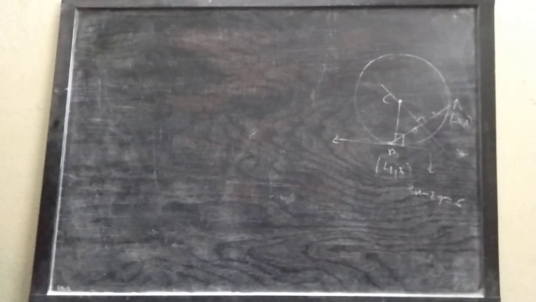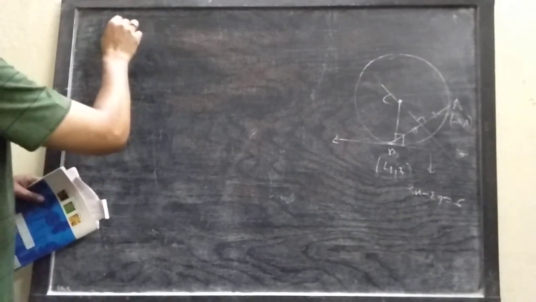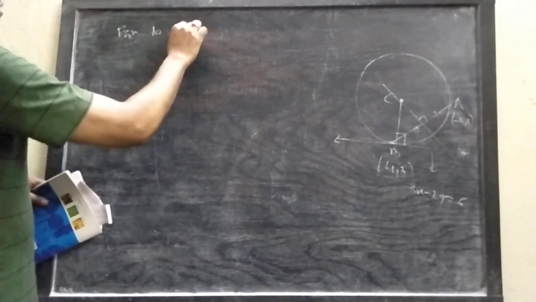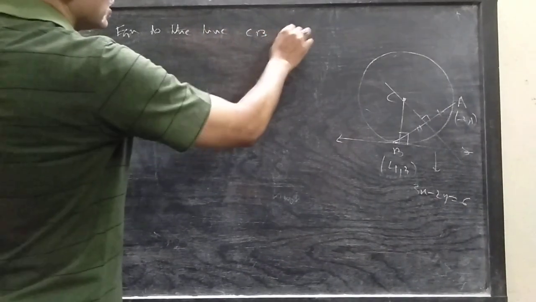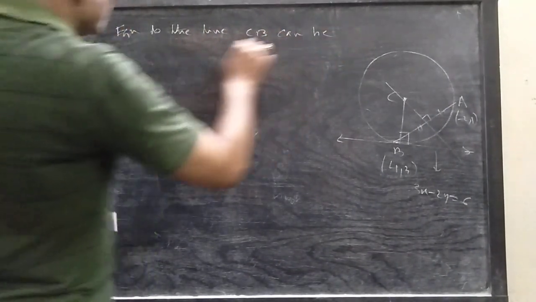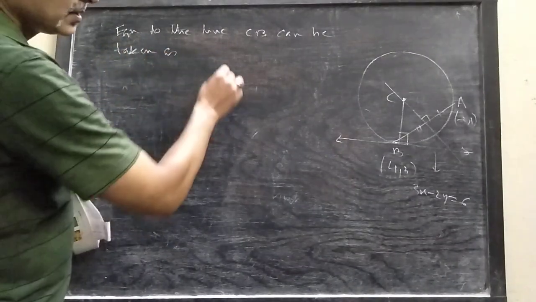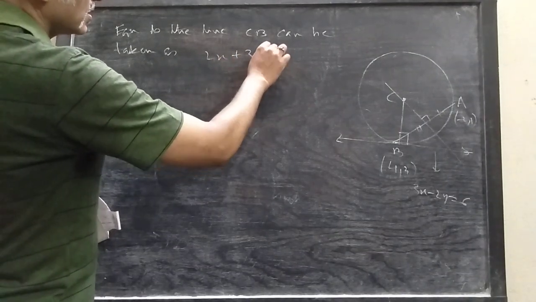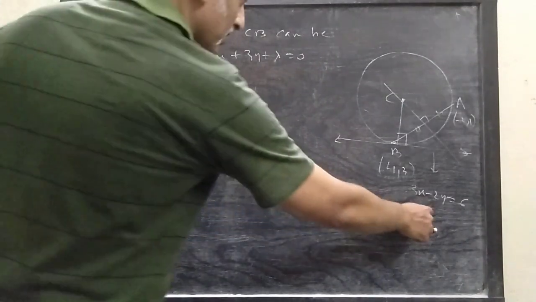First, write the equation of the line CB as 2x plus 3y plus lambda equals 0, as it is perpendicular to this line.